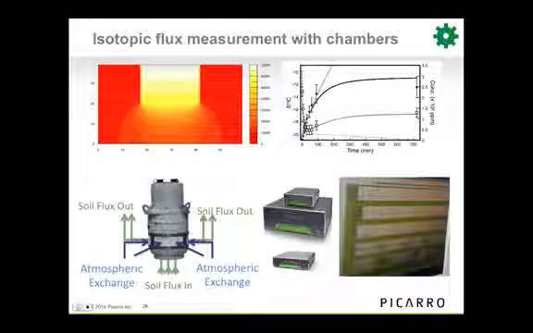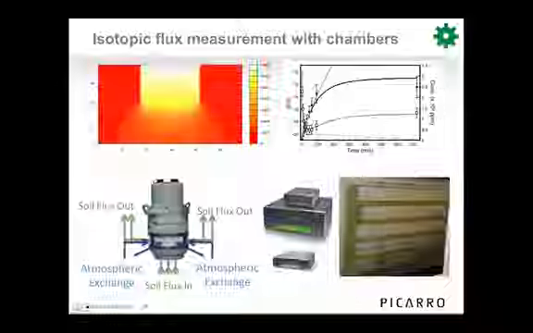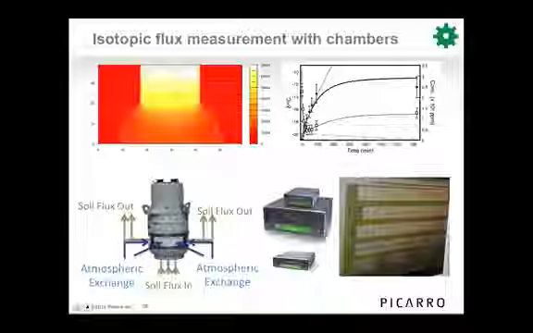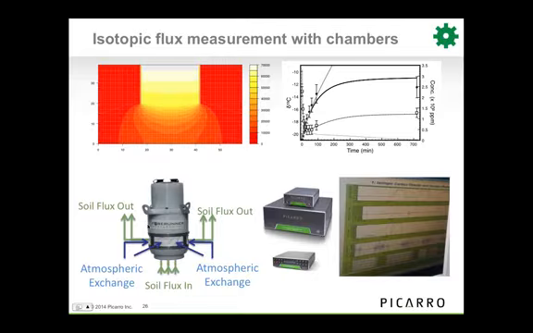Okay. And another question is, what's the magnitude of isotopic bias in other chambers compared to the ISO-FD? So what we've simulated in other chambers, and what some people have measured, including us, is an isotopic bias anywhere between 0 and 10 per mil, basically.